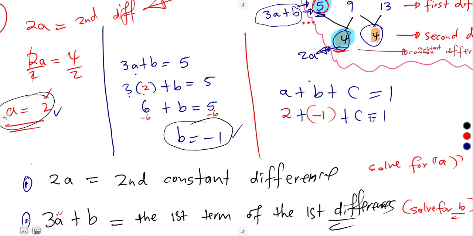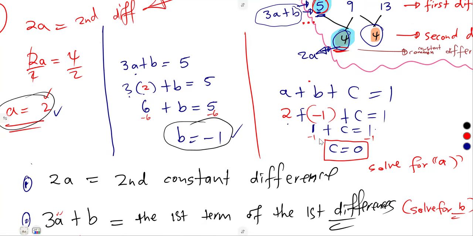So now we must solve for c. 2 plus negative 1 is just going to be positive 1 there. Remember, plus and minus, minus. So 2 minus 1, that's 1. So 1 plus c is equal to 1. Take this 1 to the other side, or simply subtract 1 on both sides of the equation. That's 1 minus 1, which is 0 there. So our c is equal to 0.